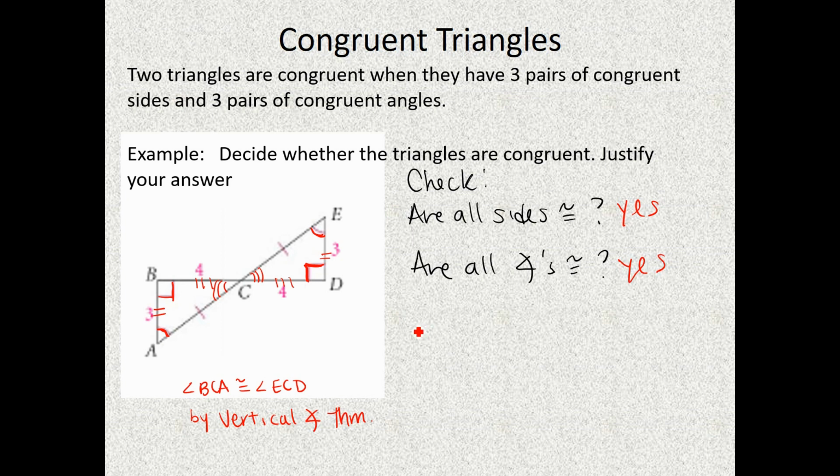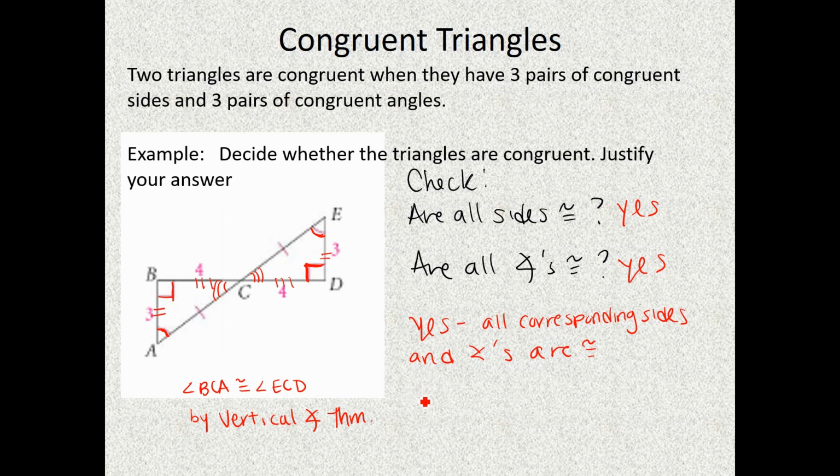So we could say that our answer is yes, all corresponding sides and angles are congruent.